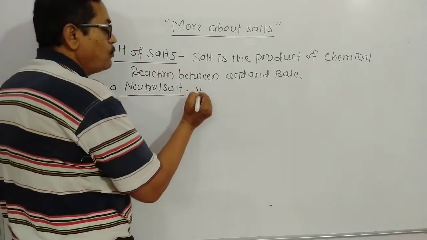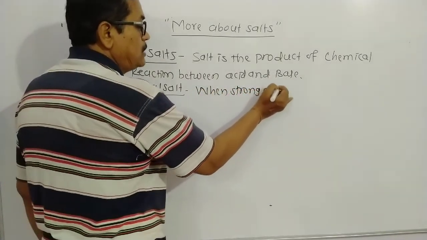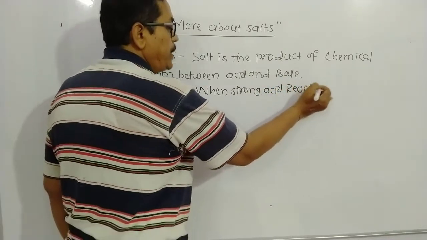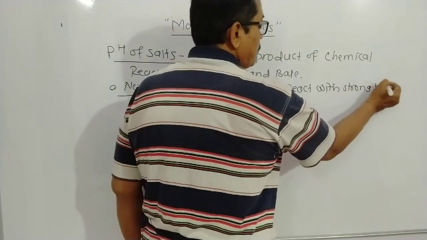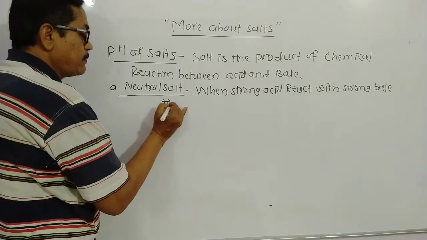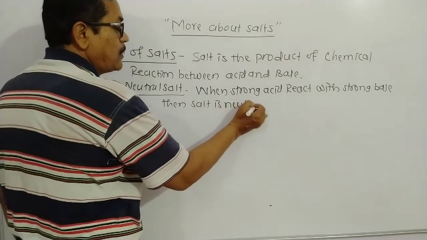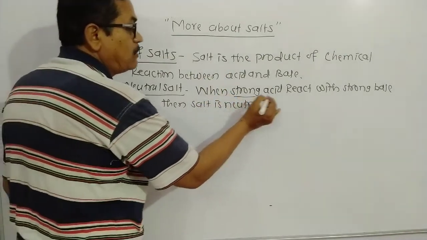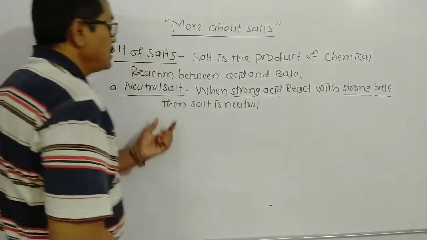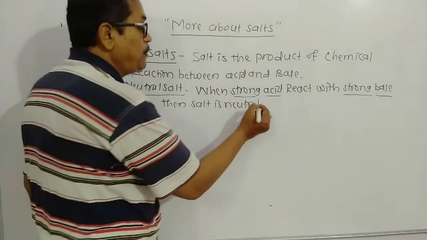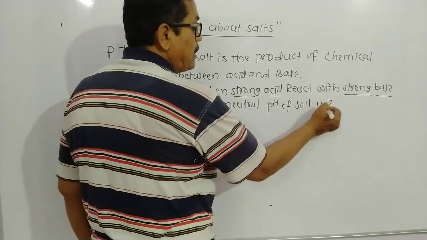When a strong acid reacts with a strong base, then the salt is neutral and the pH of the salt is 7.